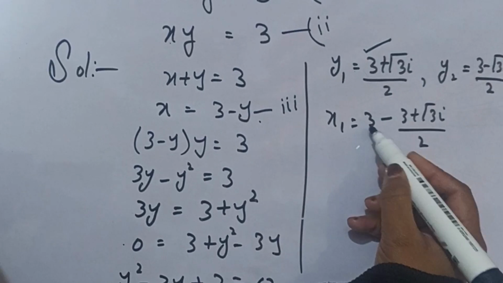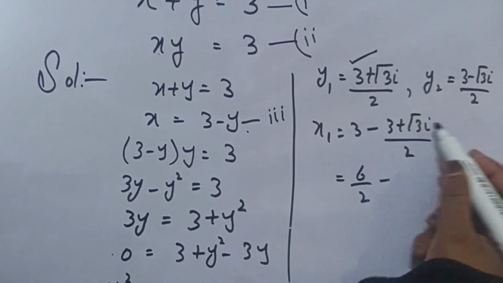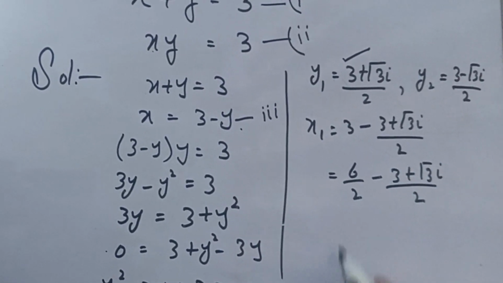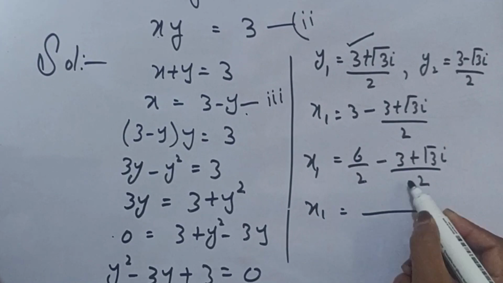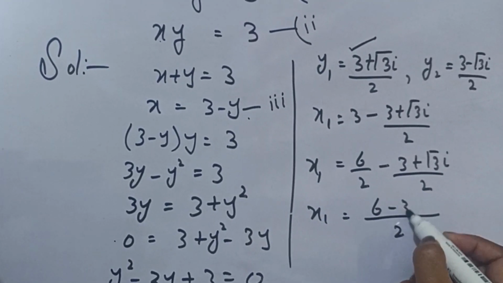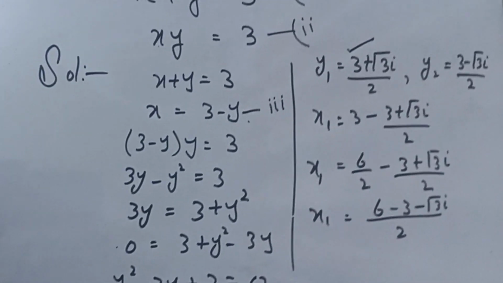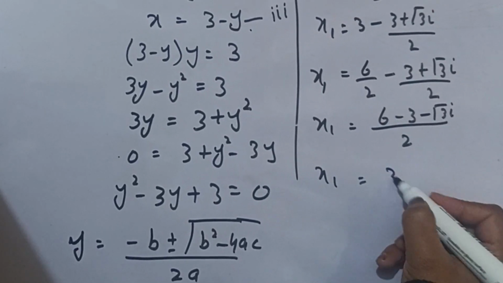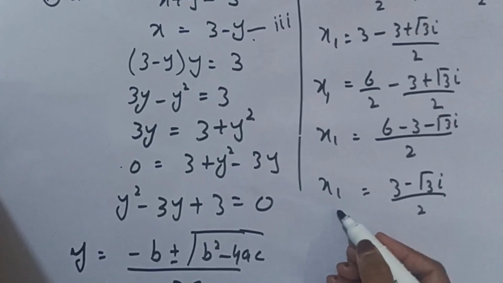In the next step we write 3 as 6 over 2, and we copy the value 3 plus square root 3 iota over 2. So x1 is equal to, we write the denominator 2, and we copy the numerator 6 minus 3, which will come a minus square root 3 iota. So x1 is equal to 6 minus 3, which is 3 minus square root 3 iota over 2. This is the value of x1.